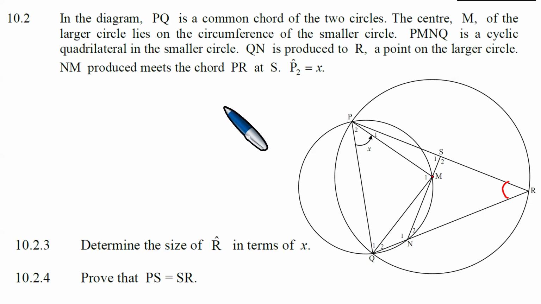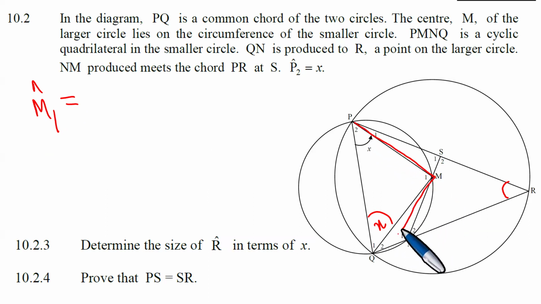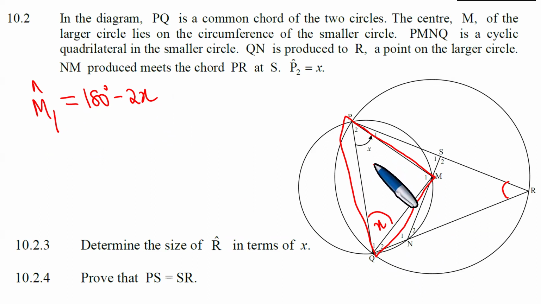So from what I can see, we can use M1 and say maybe angle at center equals 2 times, M1. Yes, angle M1, because this one is already X. So now in this triangle there, angle M1 is 180 degrees minus double X, because it's minus this minus that.